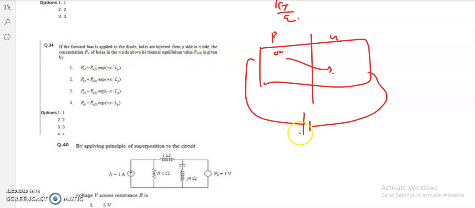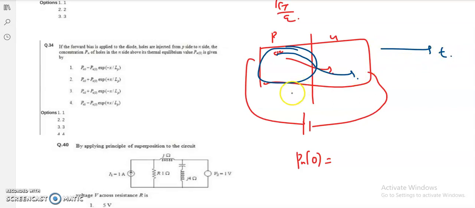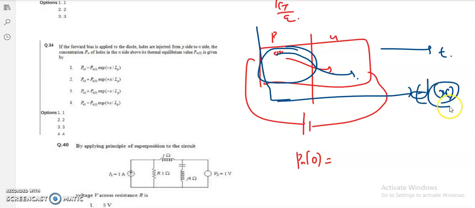So they are asking pn of 0. Actually, a huge number of holes will be there, and this huge number of holes will move like this. If you observe with respect to the distance, let's take it as x, with respect to x the concentration of holes is decreasing, right?